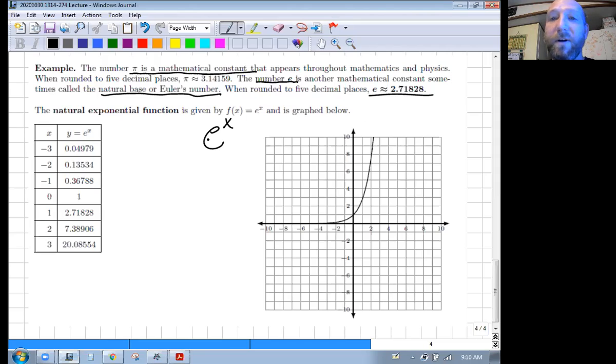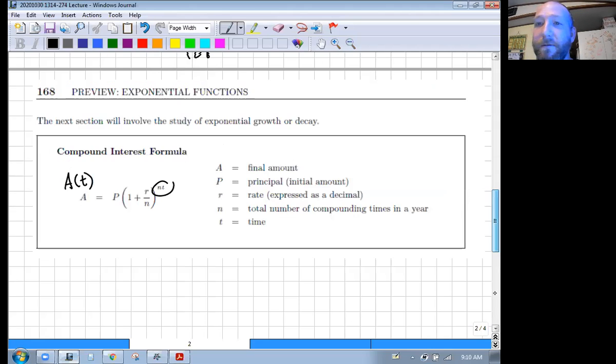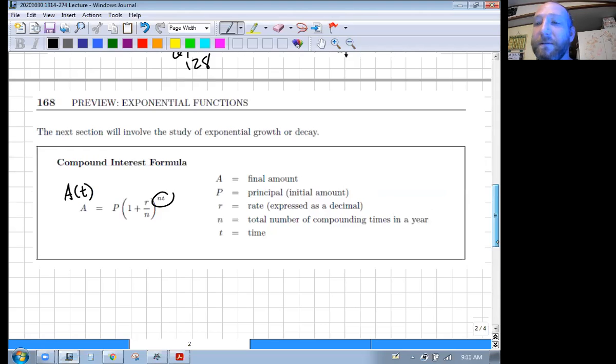It's what we call the natural base for our exponential functions. So again, e is 2.71, etc. So it's really close to 2 to the x, right? Because it's 2.71 to the x. You know, it's almost 3, closer to 3 than 2, but it looks a whole lot like 2 to the x.